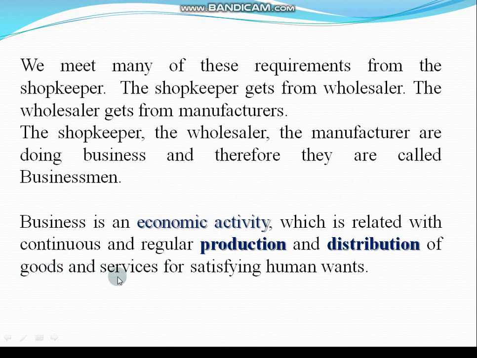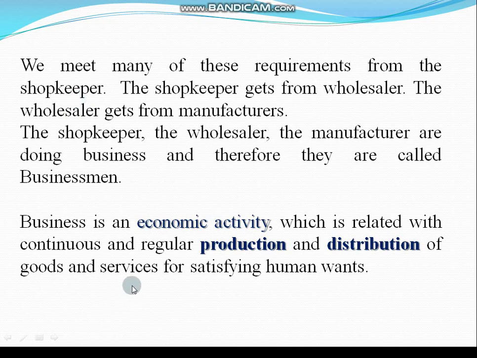Goods and services. Because whatever we need, we need it in the type of goods or in the type of service. To fulfil our daily needs, either we need things or we need some services. For example, you need a pencil, so you are going to buy from the shopkeeper.